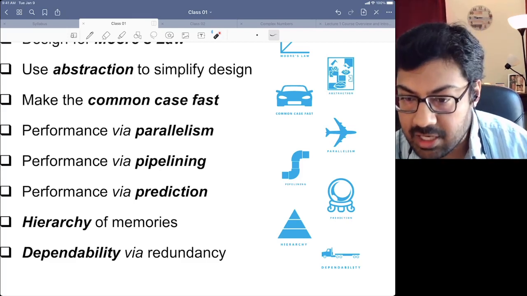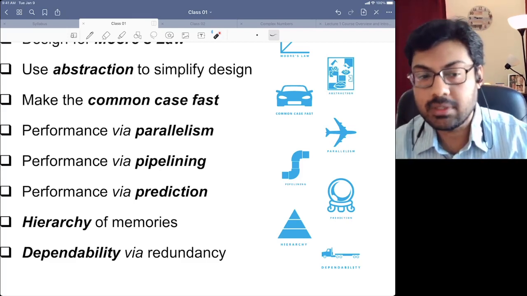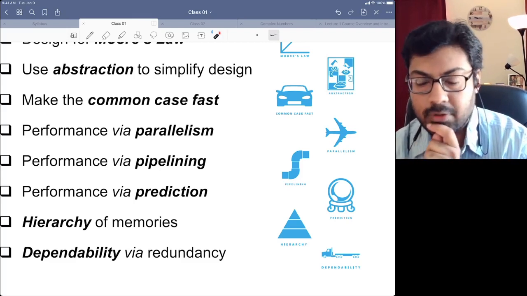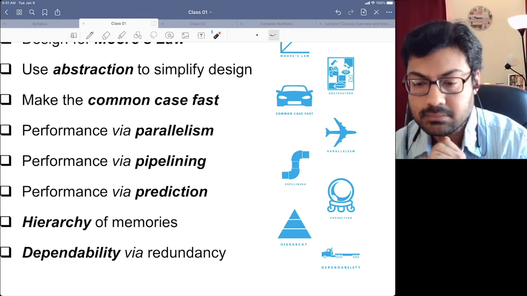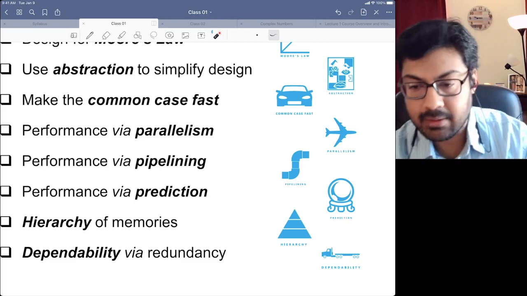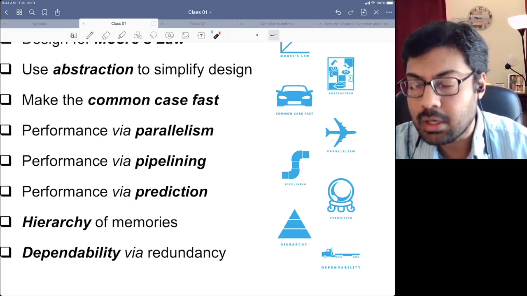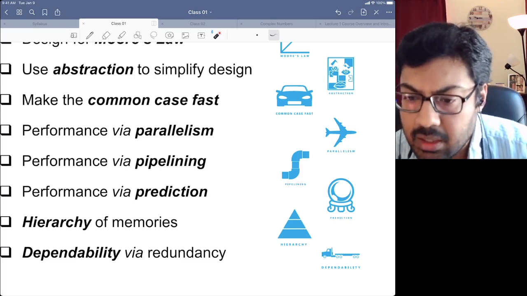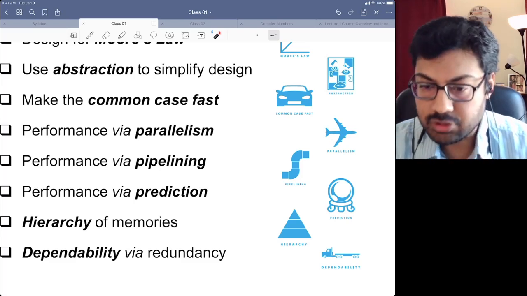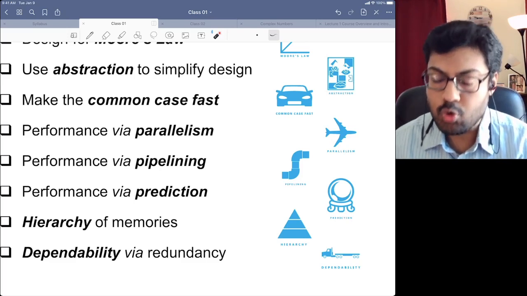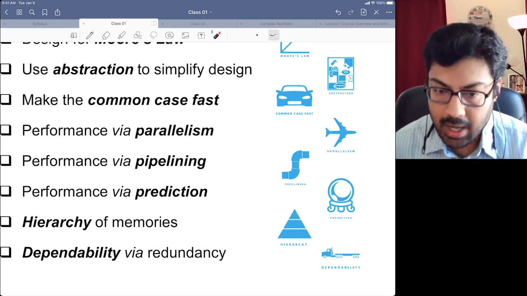Aren't threads for pipelining? Yes, so threads are for doing things in parallel. We use pipes for pipelining. We use pipes for communication between processes. So a thread is essentially to do a particular job in parallel.